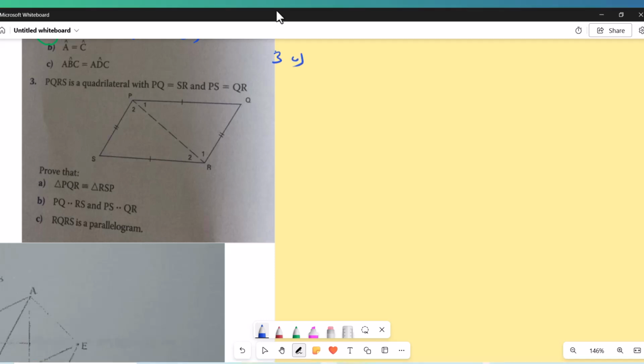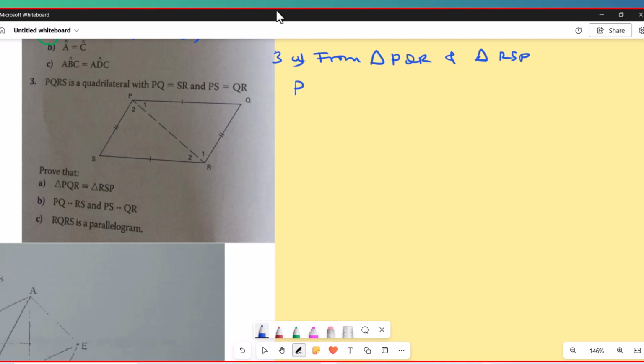We say from triangle PQR and triangle RSP. Now say it correctly. Can you say it again now? PQ is equals to SR. It's given.